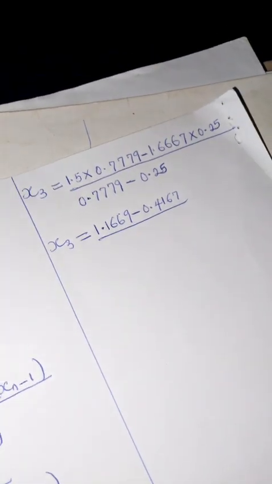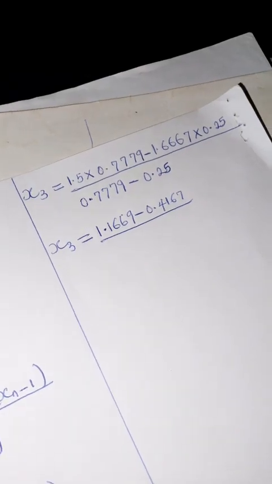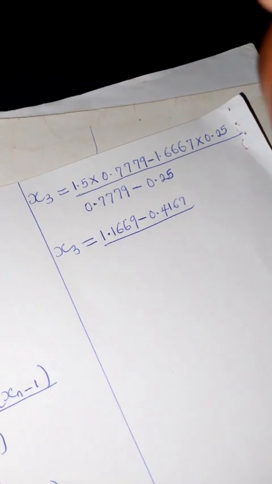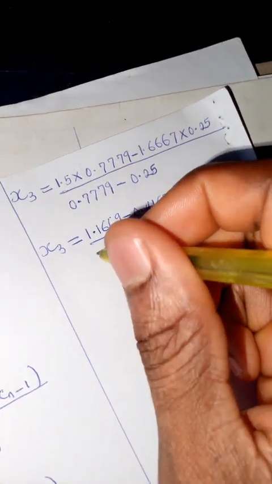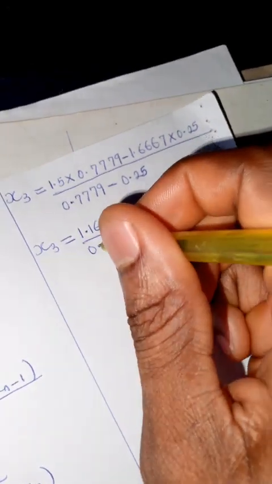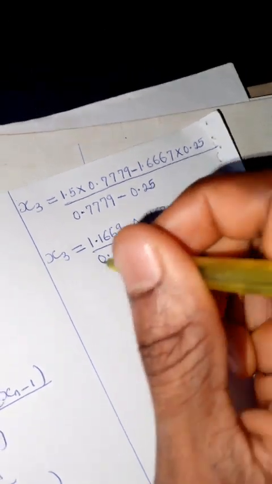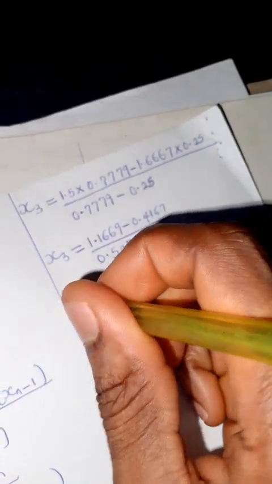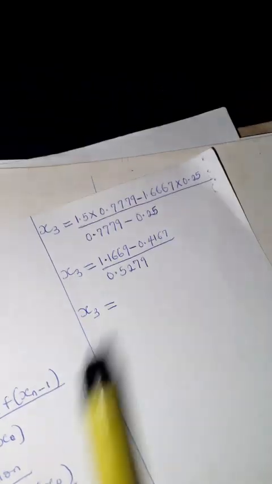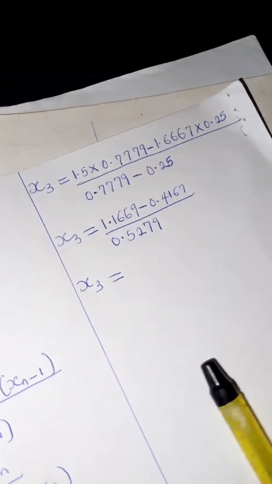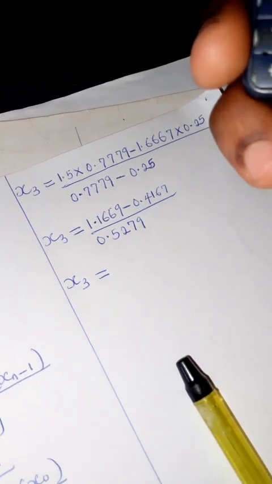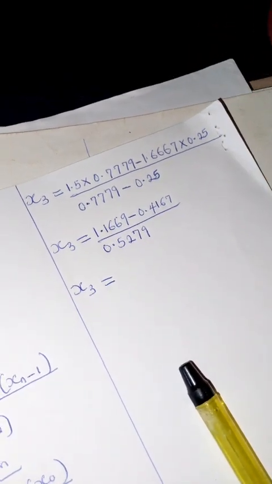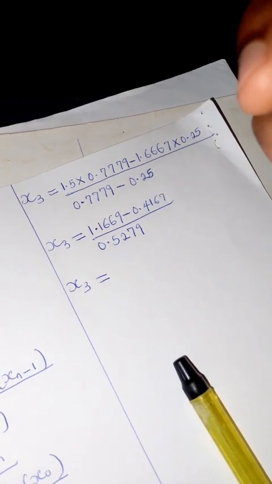Now the denominator, we are going to have 0.7779 minus 0.25. We're going to have 0.5279. x3 is 1.1669 minus 0.4167.